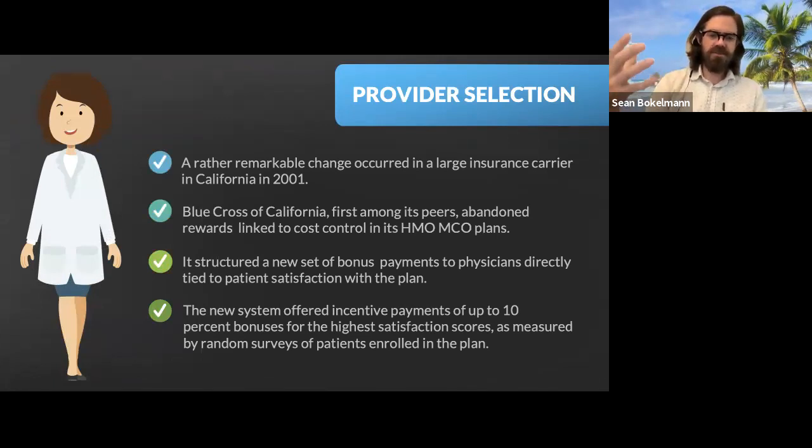Another study, as well as a natural experiment related to these issues, came from California, when a large insurance carrier there made a pretty substantial change. So Blue Cross of California was kind of the first among its peers to abandon rewards that were linked to cost control in its HMO and MCO plans.